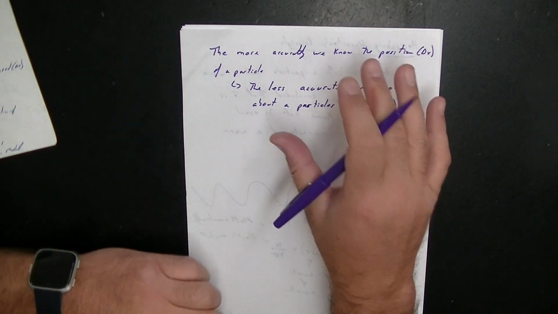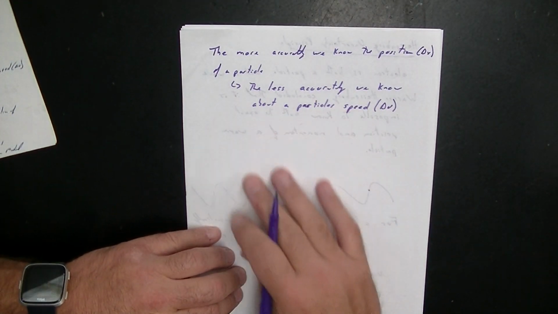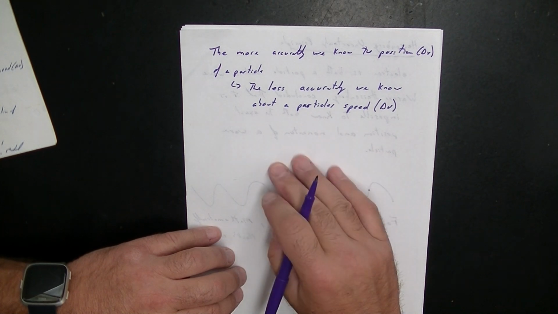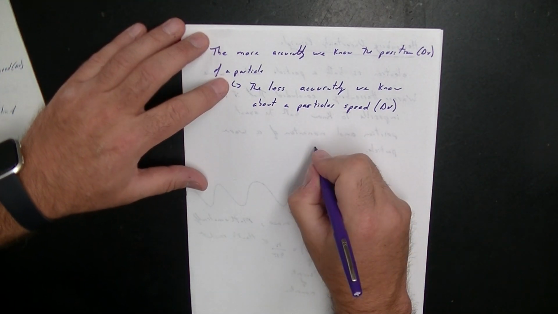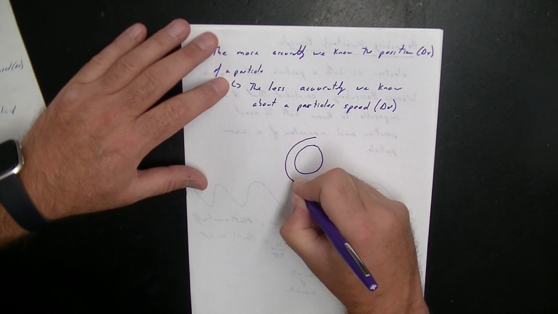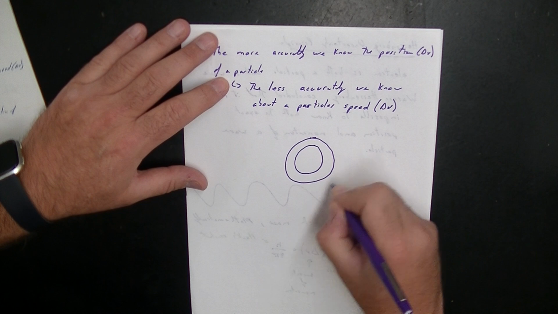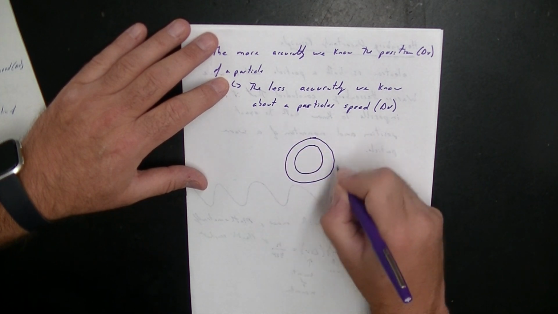Now, this led into really the development of clouds, the clouds around the nucleus. So Bohr, if we remember, had specific paths. The PELs were specific paths that the particles were doing around the nucleus.